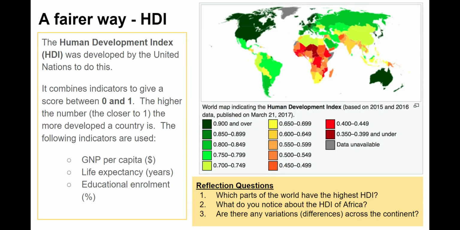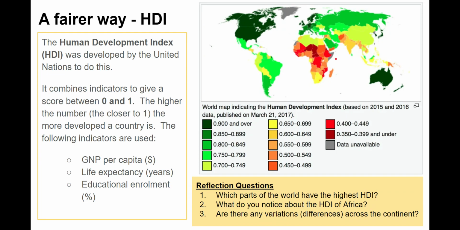The highest levels of poverty, or lowest HDI levels, are in this band here, what we call sub-Saharan Africa, or the Sahel region. These are countries on the edge of the Sahara Desert, and that's one of the reasons why they found it so difficult to develop. But we will have a look at that in more detail later on.